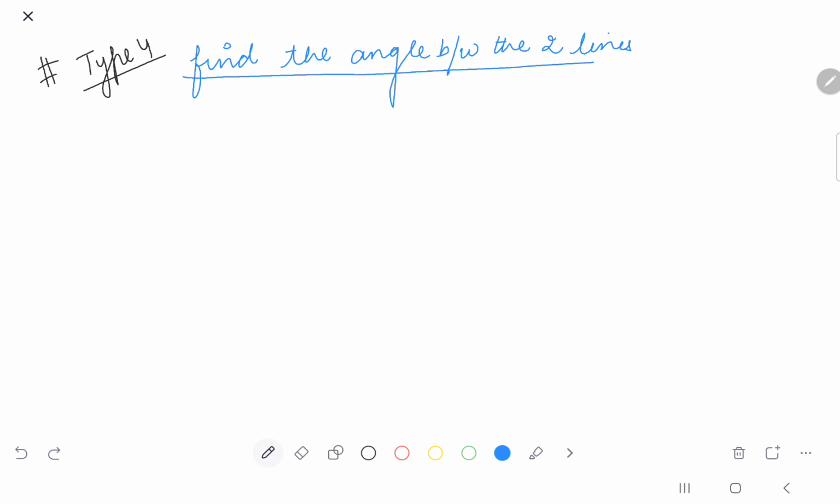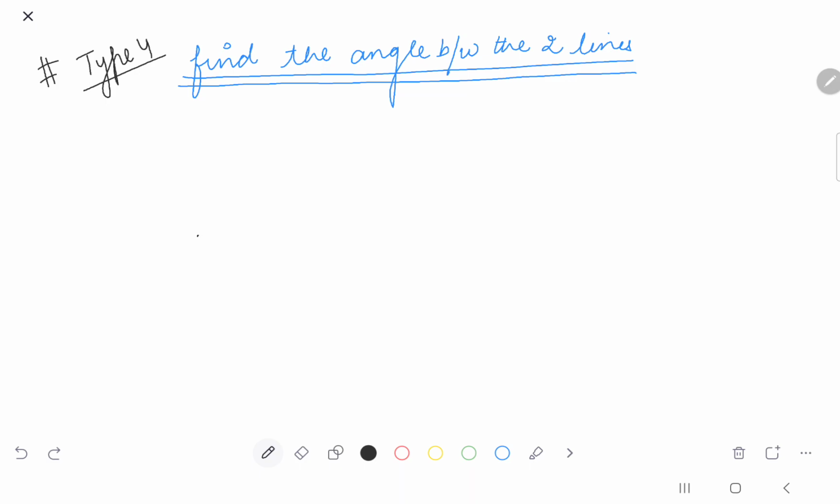Type 4 is finding the angle between the two lines. Now understand. How would you find the angle between the two lines?